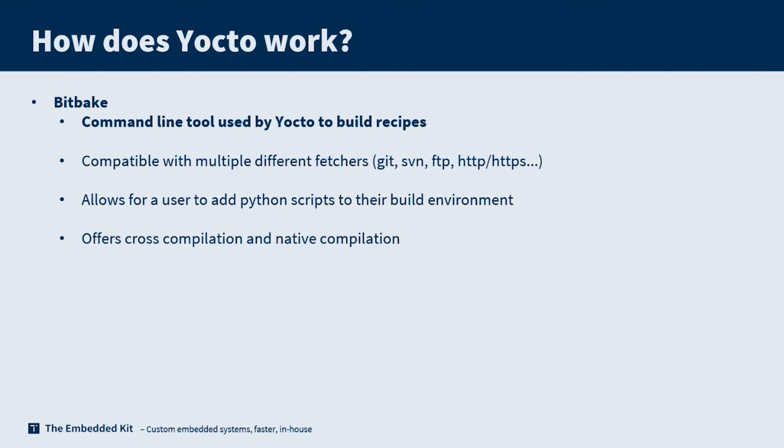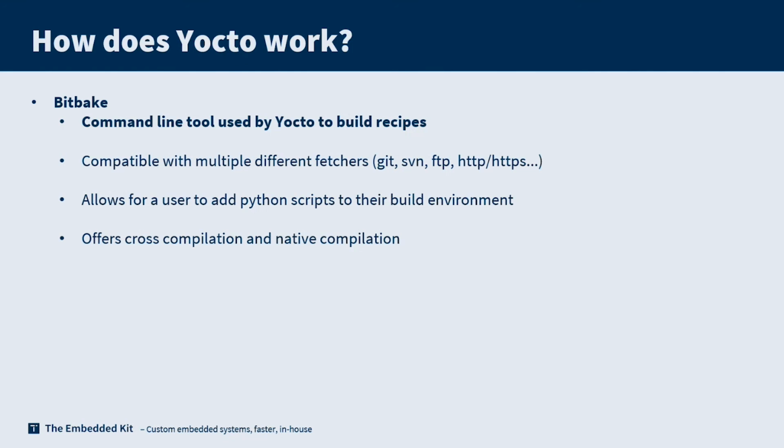And the final piece of this puzzle is bitbake. This is the command line tool that is used by Yocto to build recipes, build your SDK. This is the big piece of software that kind of takes everything and brings it together. It's compatible with many different fetchers: Git, SVN, FTP, HTTP, HTTPS, wget, pretty much any fetcher that exists, it can use.